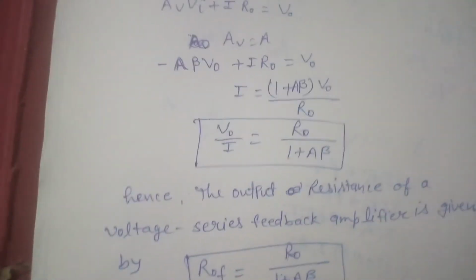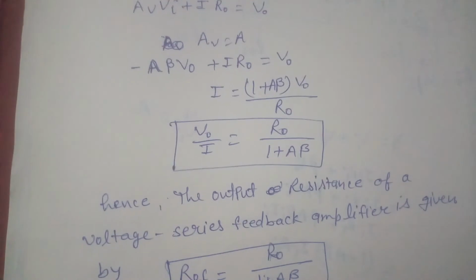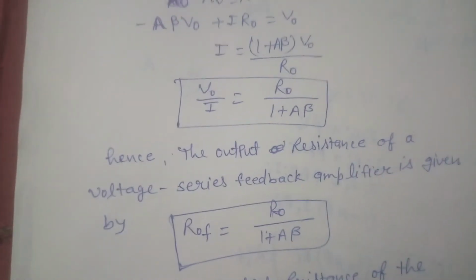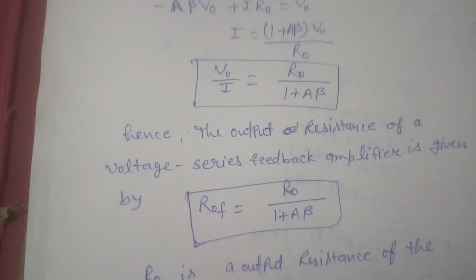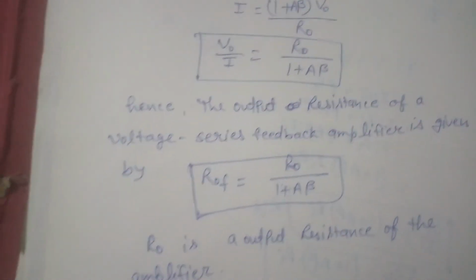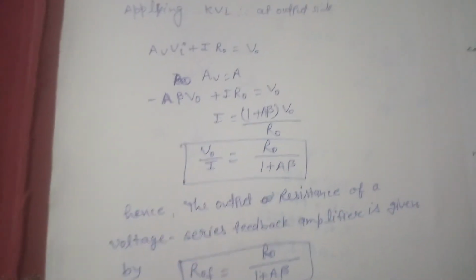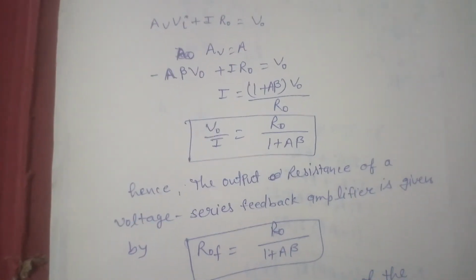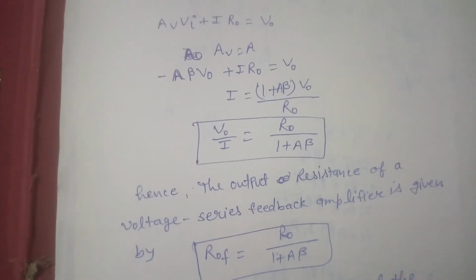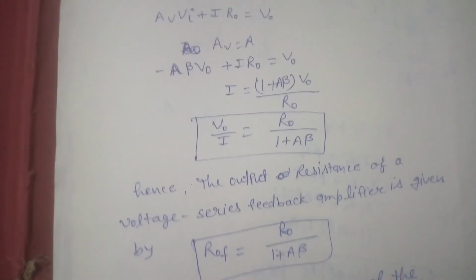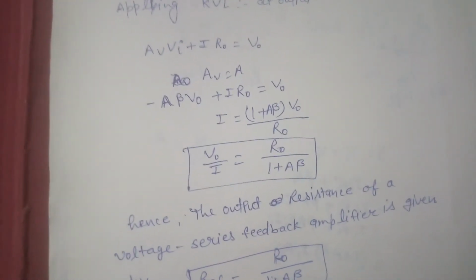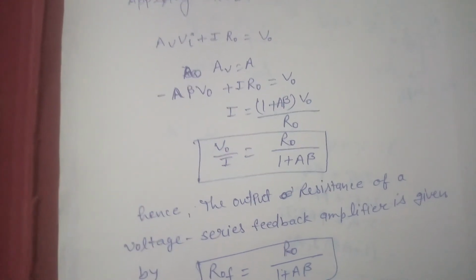So the output resistance of the voltage series feedback amplifier is given by this equation, where R naught is the output resistance of the amplifier. In summary, the input resistance is increased by the factor of 1 plus A beta, and the output resistance is decreased by the factor of 1 plus A beta in the voltage series network.